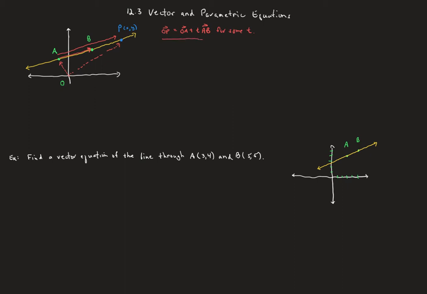So this is known as a vector equation for that line. Now we say the vector AB, that's kind of like acting like the slope. It's telling us the direction. That's known as the direction vector of that line.